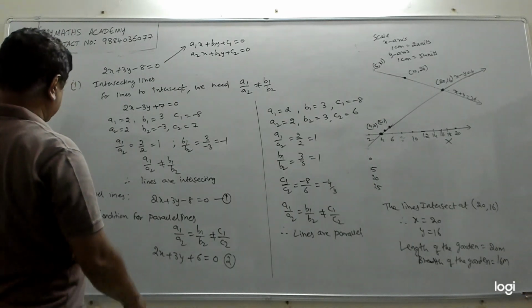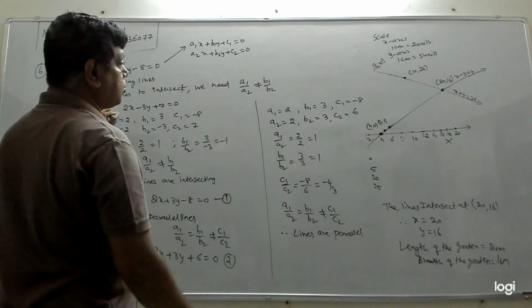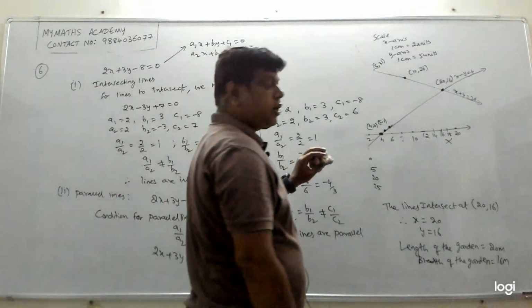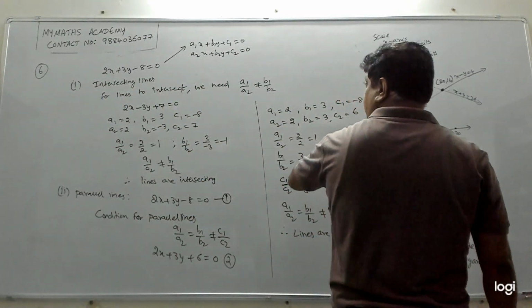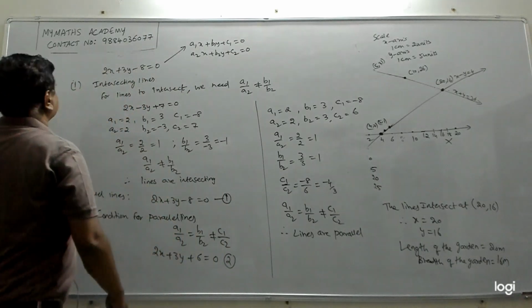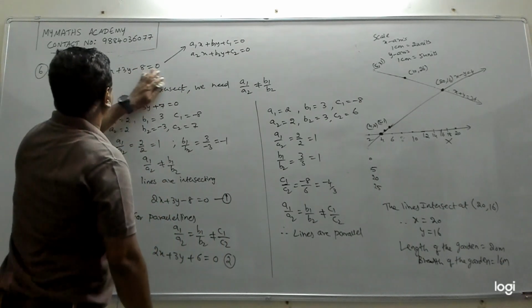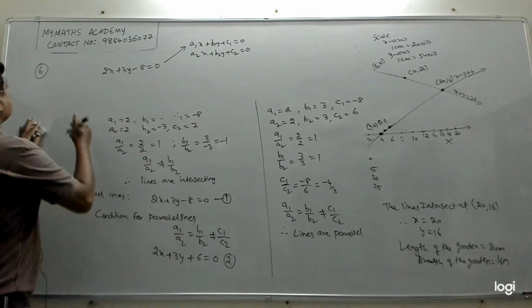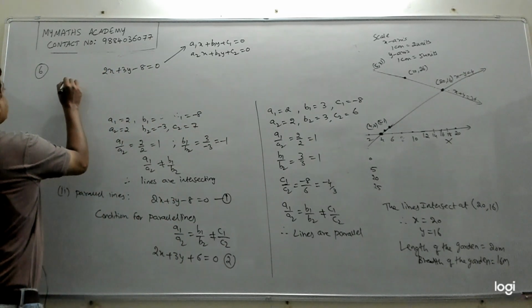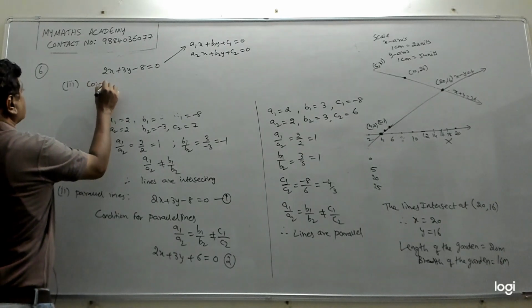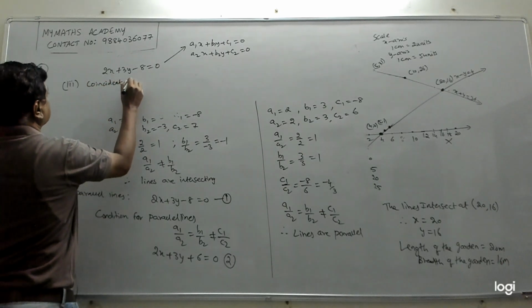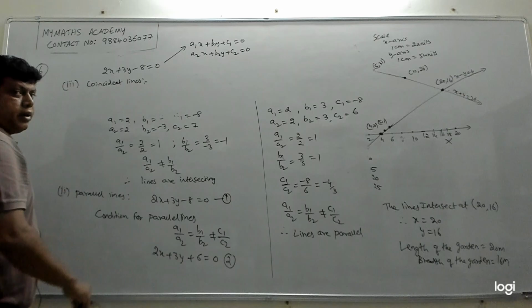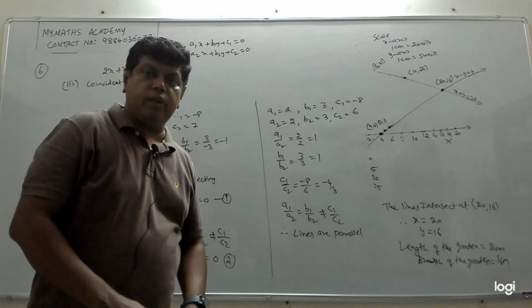The third part is coincident lines. For that, it is very easy.